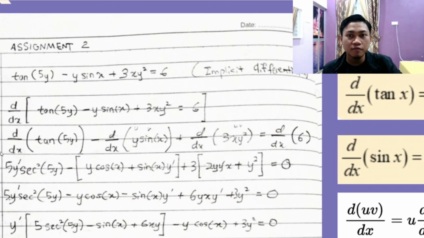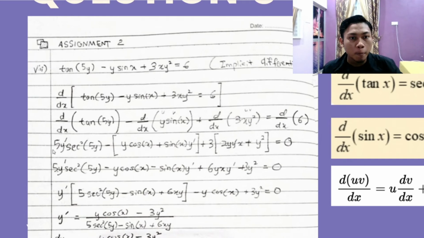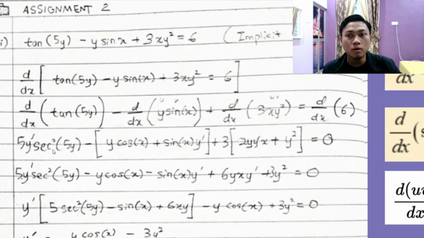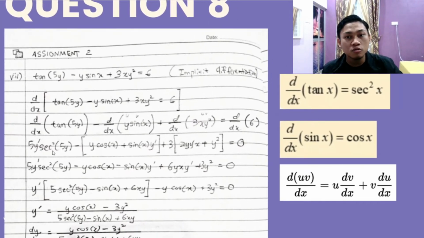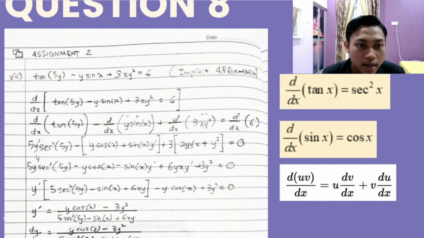Yeah, so differentiate tan 5y. So when we differentiate tan 5y, what do we need to do? Don't panic. We just need to use the cheat sheet right here. So d over dx, tan x, is equal to sec squared x. So we just put it back on the bottom right here.